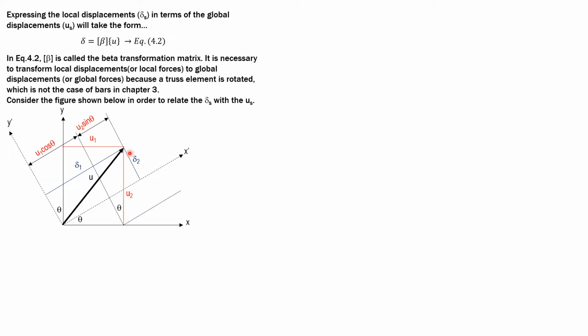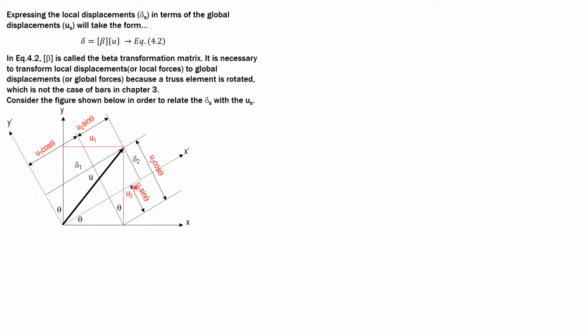The length of this component of this right triangle is u2 cosine theta, which is equal to this length here. The opposite side of this right triangle is the hypotenuse u2 times the sine of theta, which is u2 sine theta, as we already established.